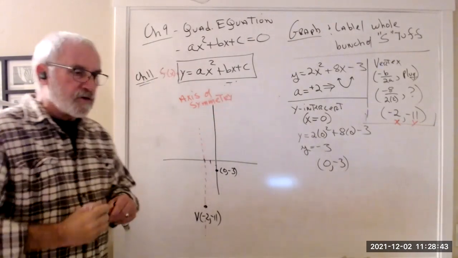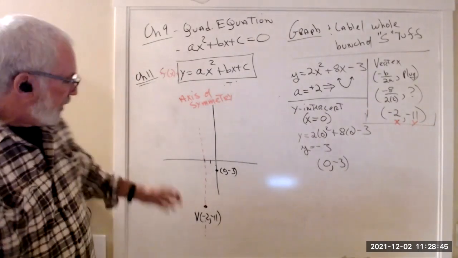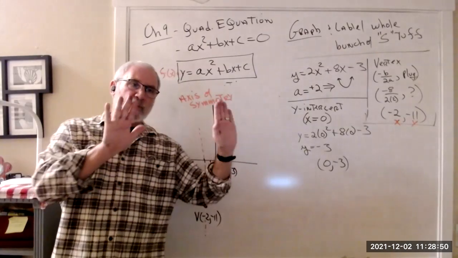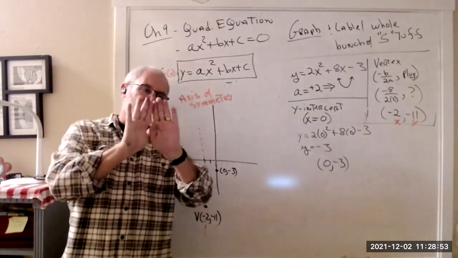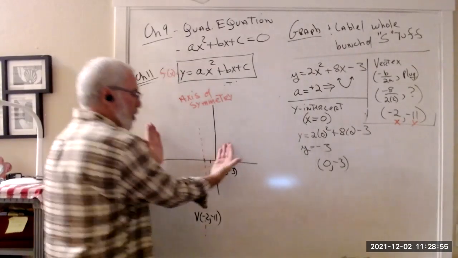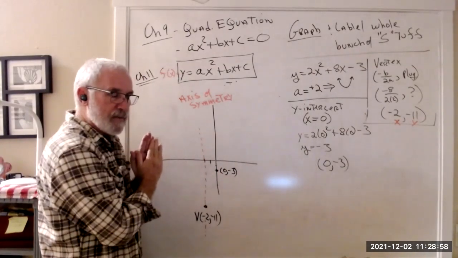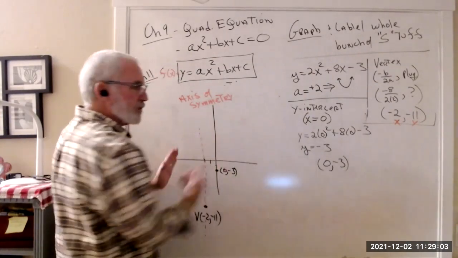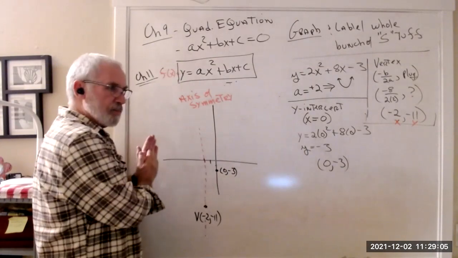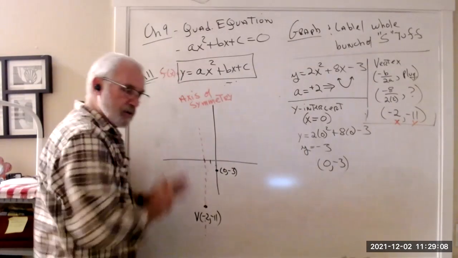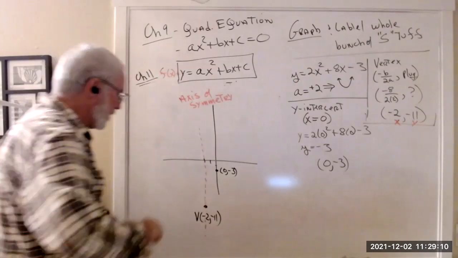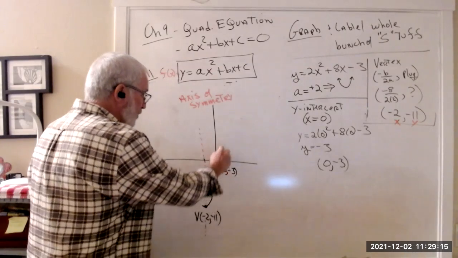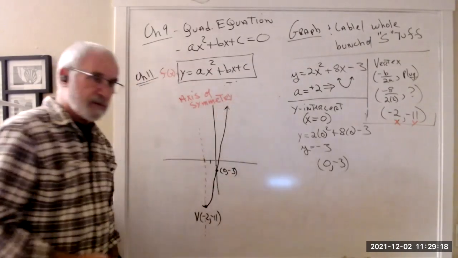And what that means in plain English is it's a center line where one side of the parabola matches the other side, and you could fold it along this line and the two sides would match up. The right side of this shape and the left side of this shape would be identical to each other. Well, the right side of this shape looks like this. Here's my vertex. It goes up through the axis of symmetry and keeps going up and up and up like that.